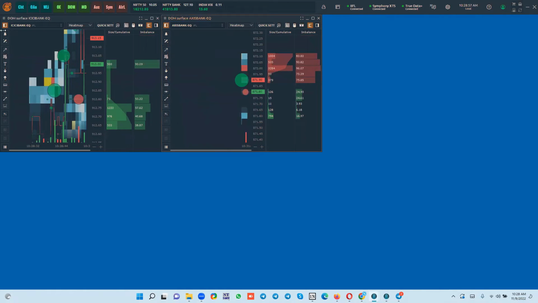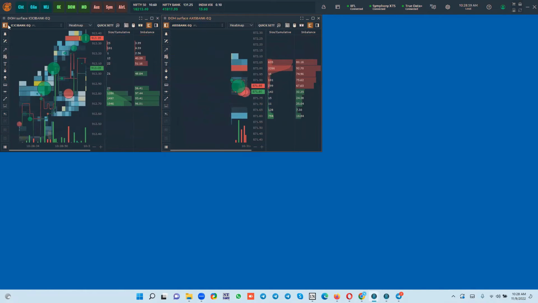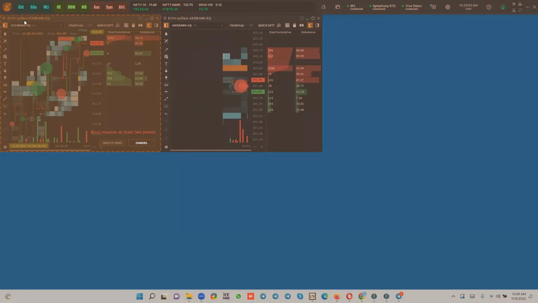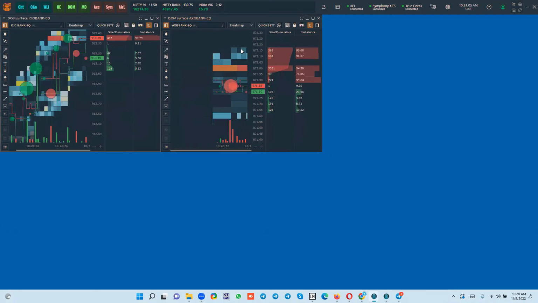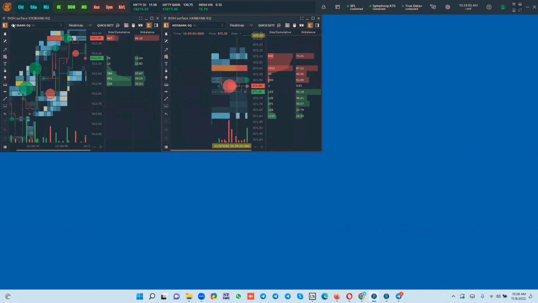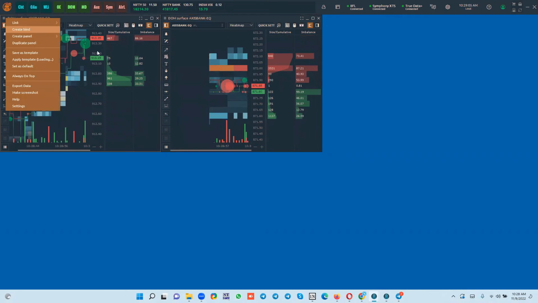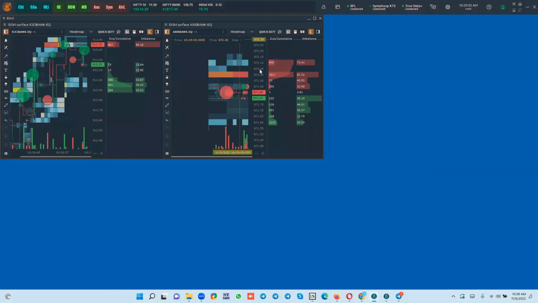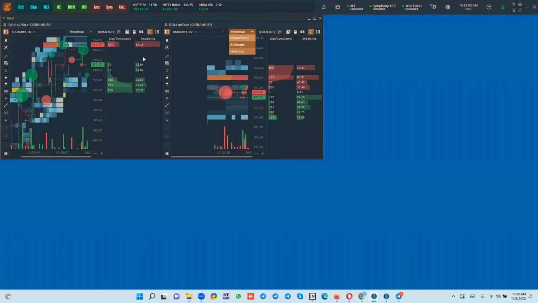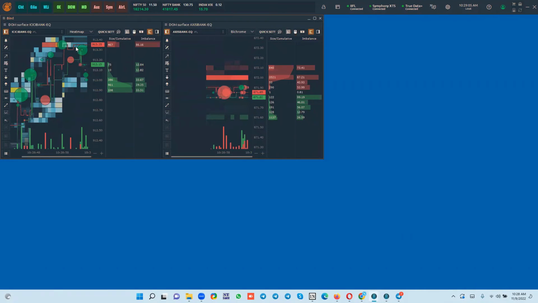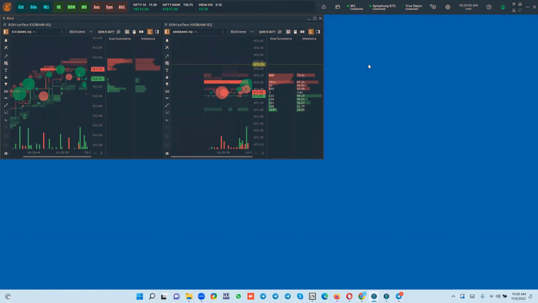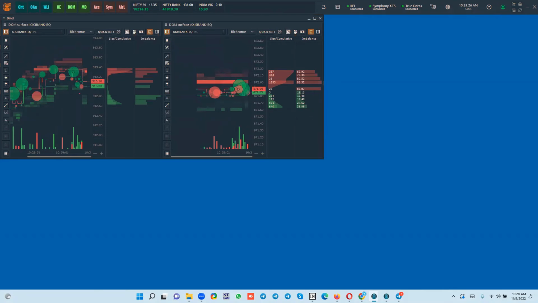You can have as many symbols as you want and bind them together. So go to create bind and just join this together, and you will have a bind for these two symbols or any symbols that you would like to see. Then you can go to whatever color scheme that you would like to use, and you have this data available. So you can do that. There's no problem.